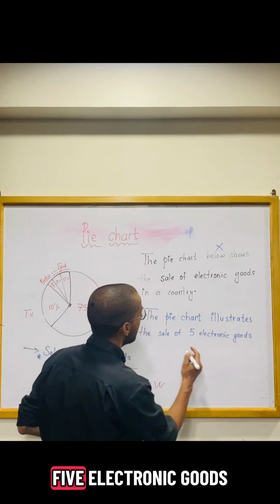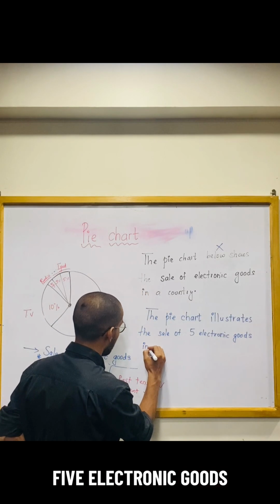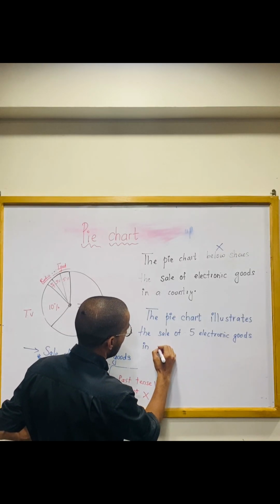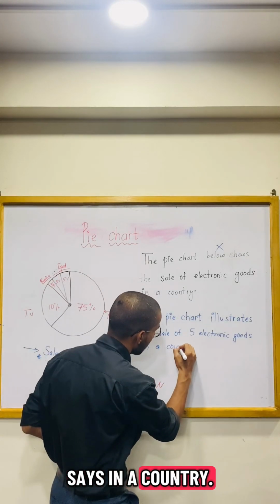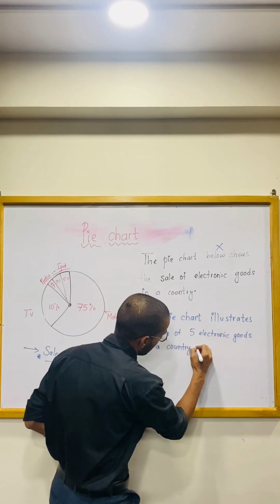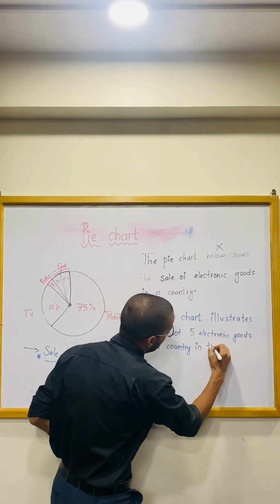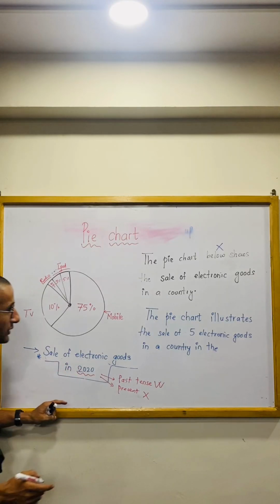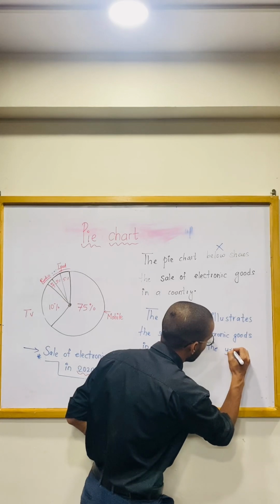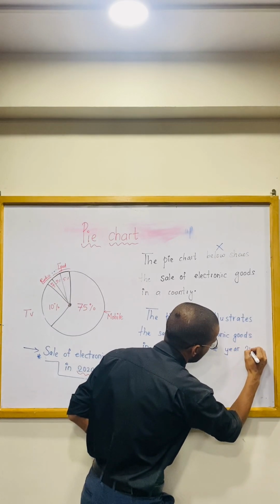Otherwise, 5 electronic goods in a country, because here it says in a country in the year. So, if you see this chart is 2020, so you can add in the year 2020.